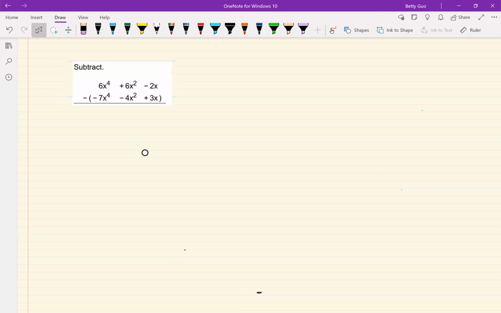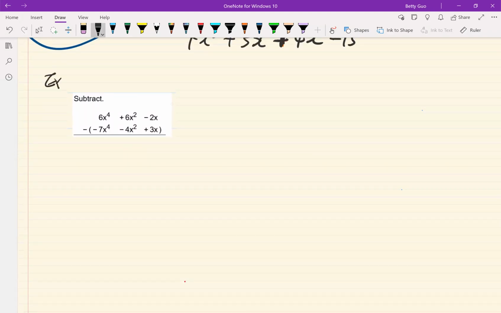So let's see the second example. Subtraction. Example 2. Subtraction means you subtract a polynomial from another polynomial. You understand what I'm talking about? Okay.